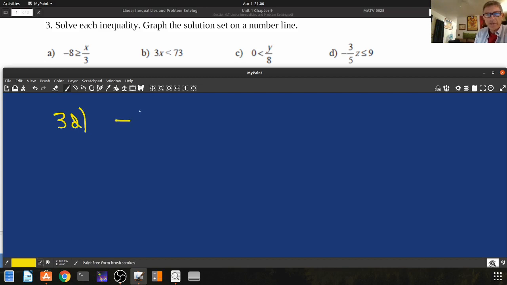3D is minus 3/5 z is less than or equal to 9. So again, I'm going to clear the denominators. There's only one denominator, so I'm going to multiply both sides by 5.